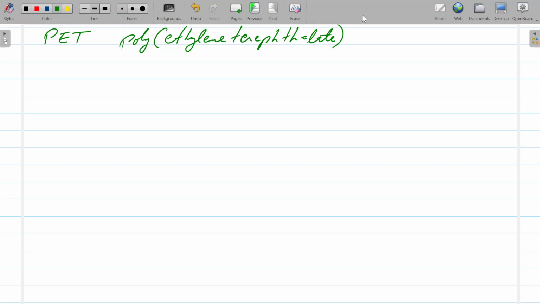Now over here, what we have is a reaction between an alcohol, ethane-1,2-diol. This should be easy to figure out. So what would this molecule look like?